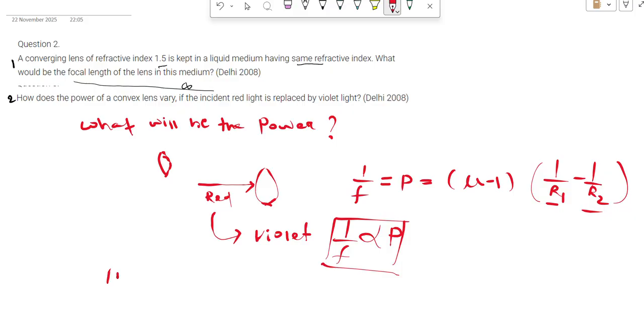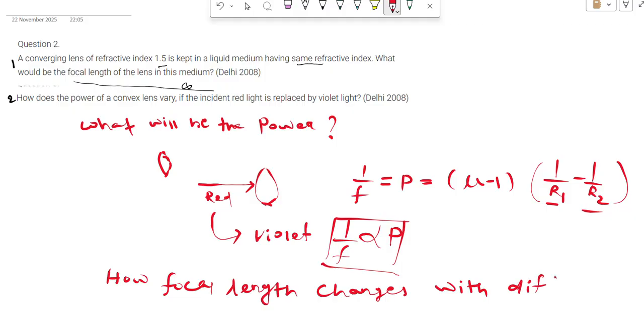So now you need information about how the focal length changes with different wavelength, lambda. Why am I saying this?